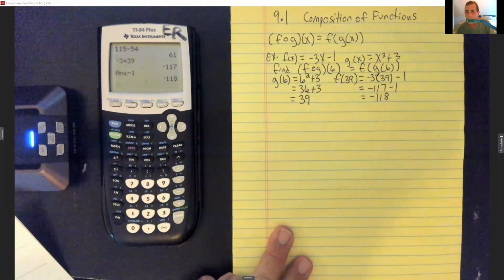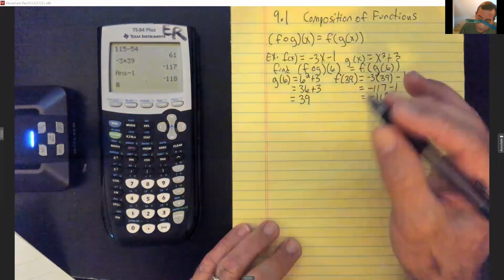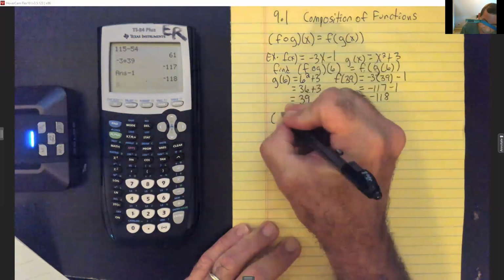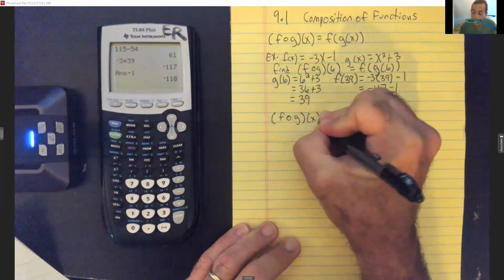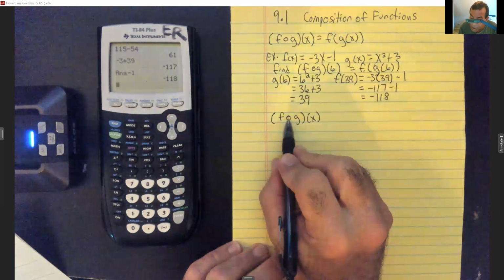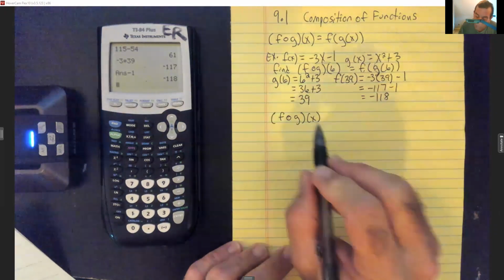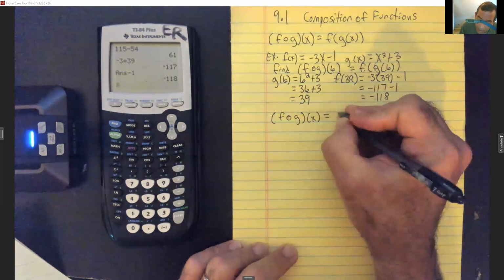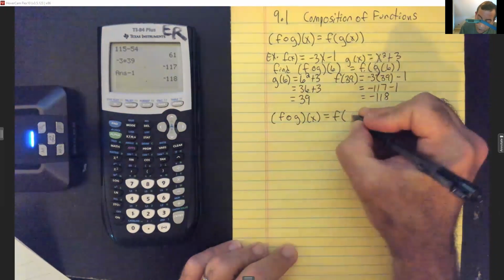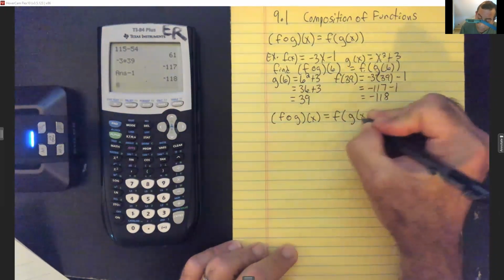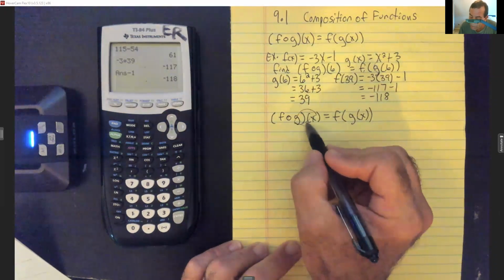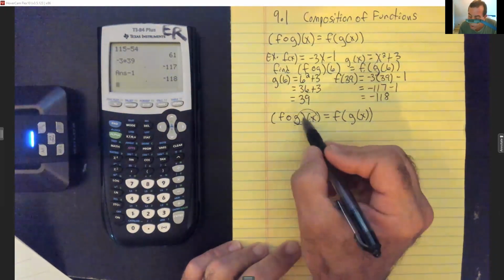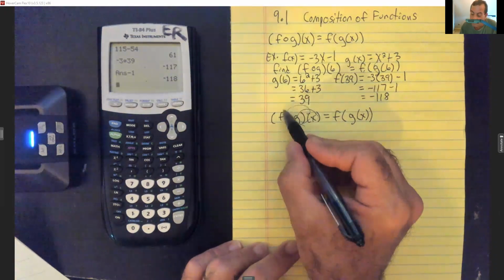All right, so I started out talking about the composition of functions. We use this f of g of x to represent the composition function, okay? So what this means is that you take the function on the right and put it into the f function.